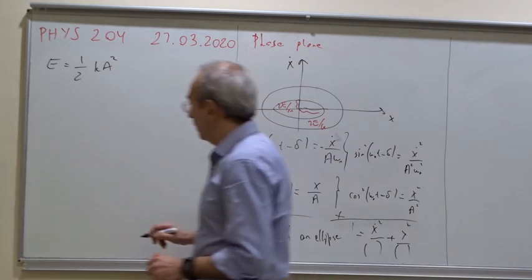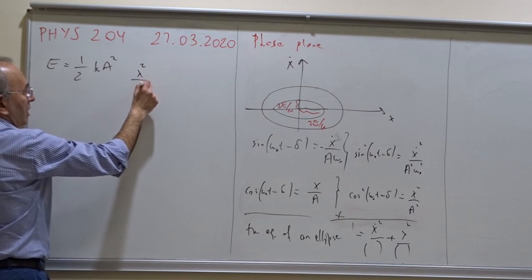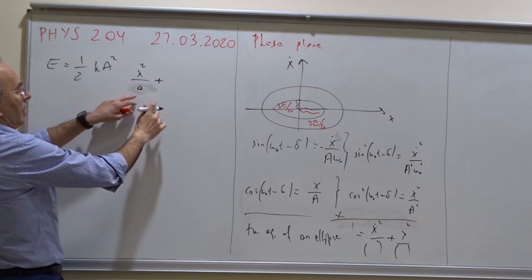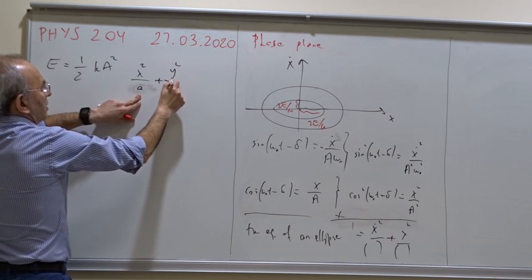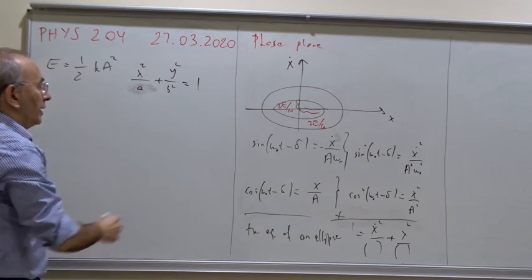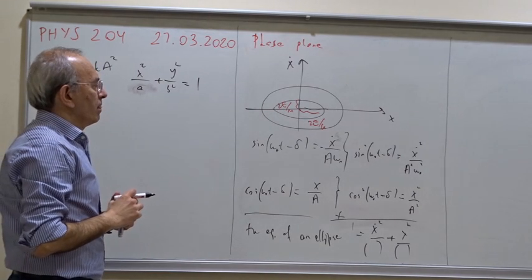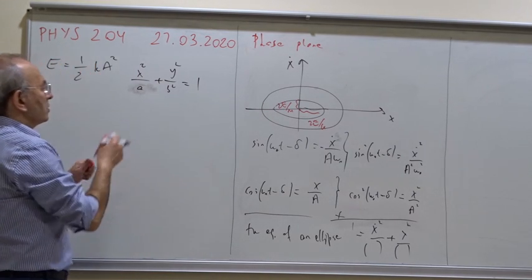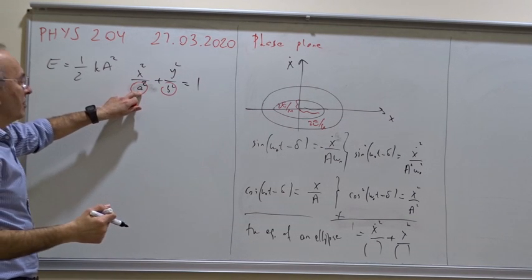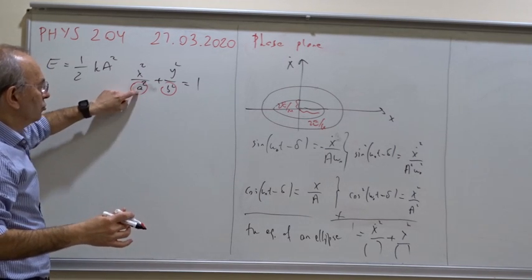Because remember that x squared over some a squared, let me write it as a different a, plus y squared over b squared will be just 1. This is the equation of an ellipse. An ellipse is such a closed shape, and these quantities, what you see here, are the major axis and minor axis distances, the root of these.